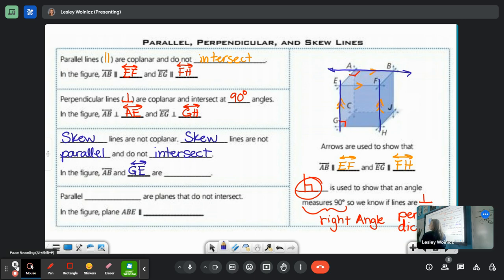Which one? See this one? JH? CG. CG. Yep. Those four are all skew to AB. Good. Okay. Skew.